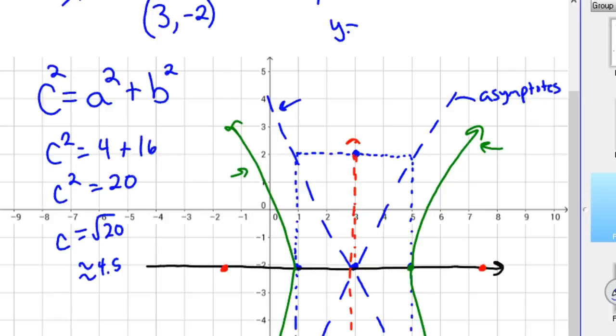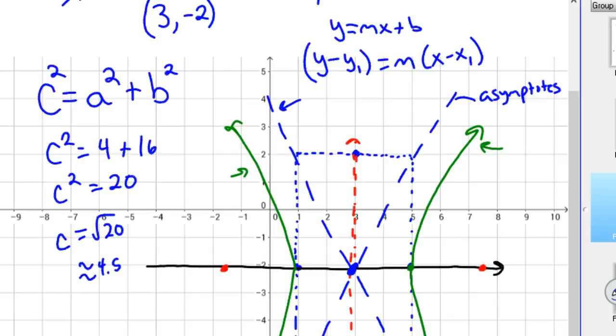Now you could use y equals mx plus b, but what's nice is you have this center point that's in both lines. So I'm going to use the point slope form of a linear equation, which is y minus y1 equals m times x minus x1.